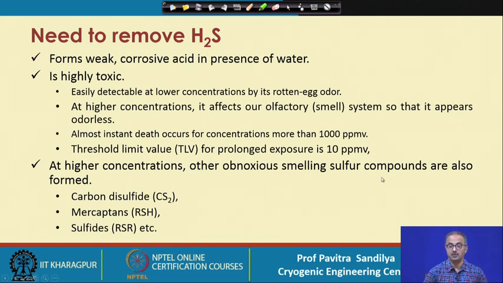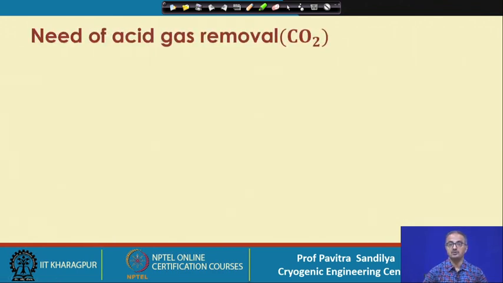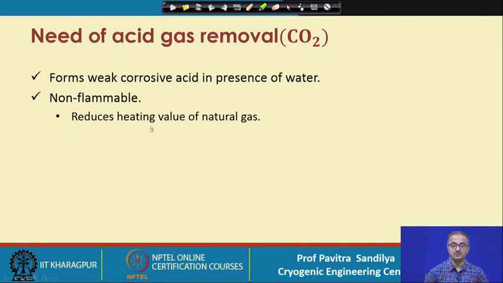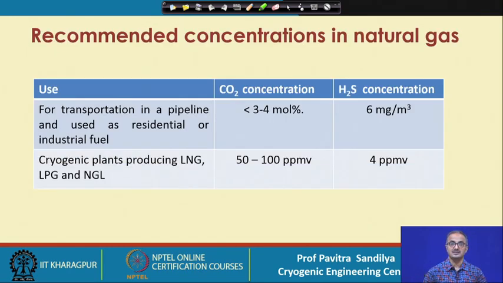This H2S can form other foul smelling sulfur compounds like carbon disulfide, mercaptans and sulfides. Why do we need to remove carbon dioxide? Because it again forms weak corrosive acid in presence of water like H2S, and it is non-flammable, and that is how it reduces the heating value of the natural gas.